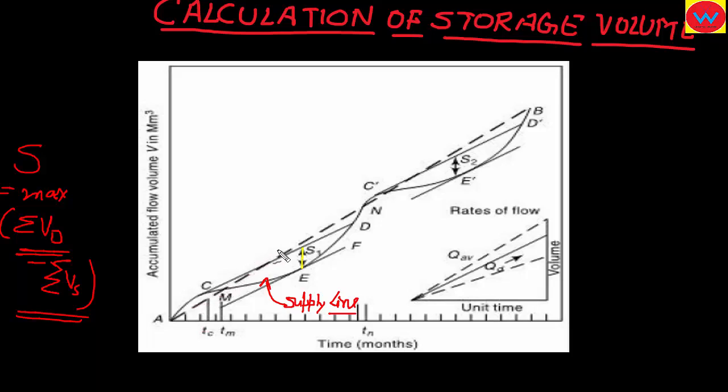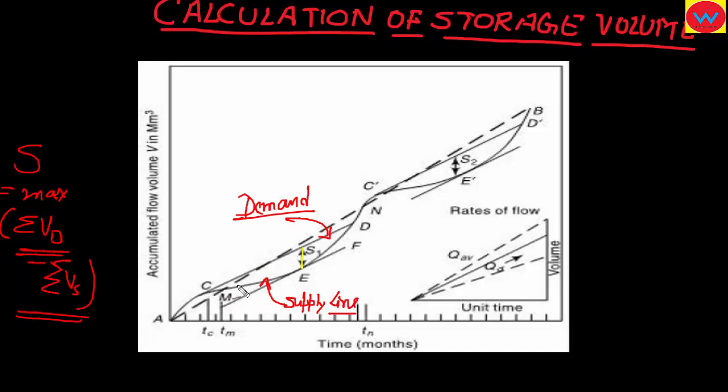This line will be called the demand line. The tangent at the reach at the start of the season represents the maximum demand possible for the given reservoir, since we cannot demand more than what has come into the reservoir.